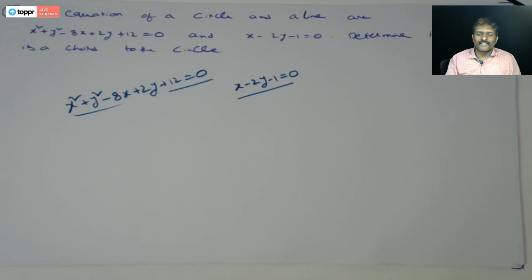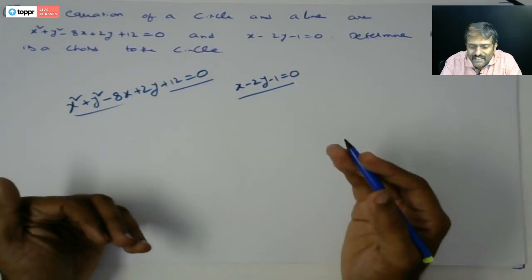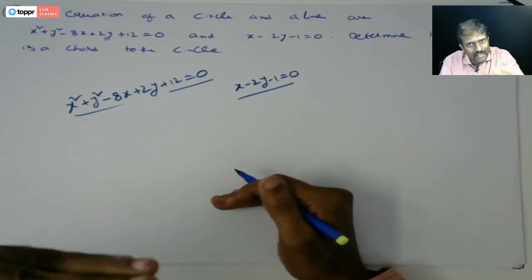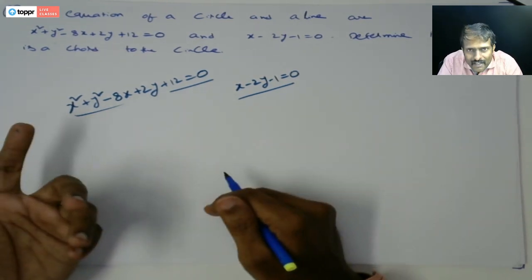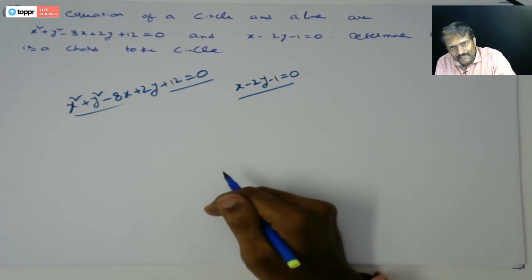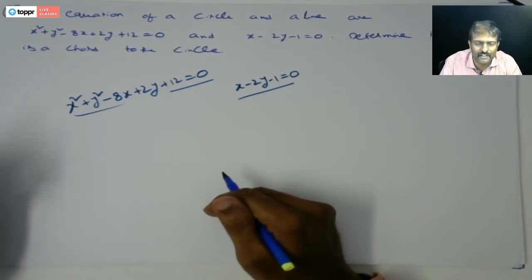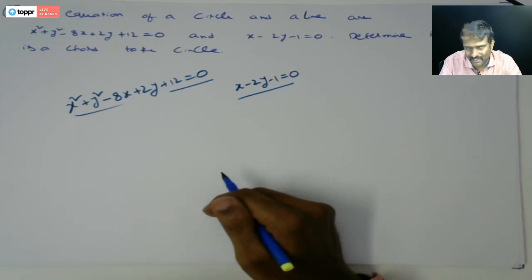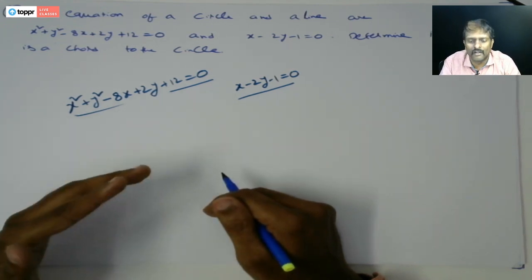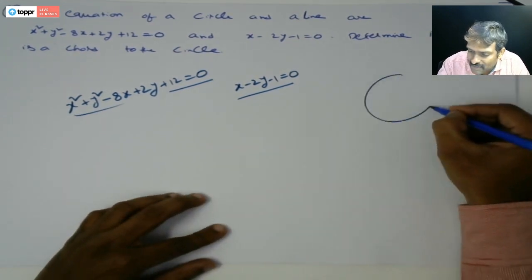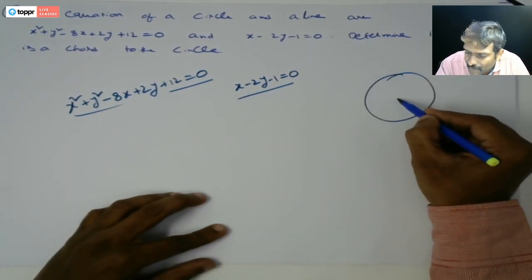We already discussed, right, that when the radius is equal to the distance between the line and the center, then it is a tangent. If the distance is greater, then it is neither a chord nor a tangent. And if the distance is less than the radius, then it is a chord. So now we have to find out the distance. Suppose this is the equation of the circle, and this is the center.